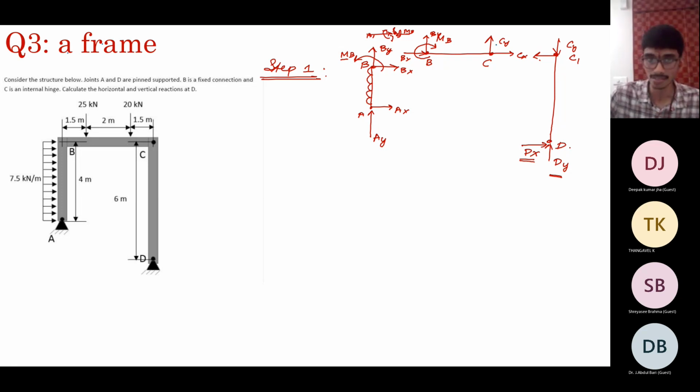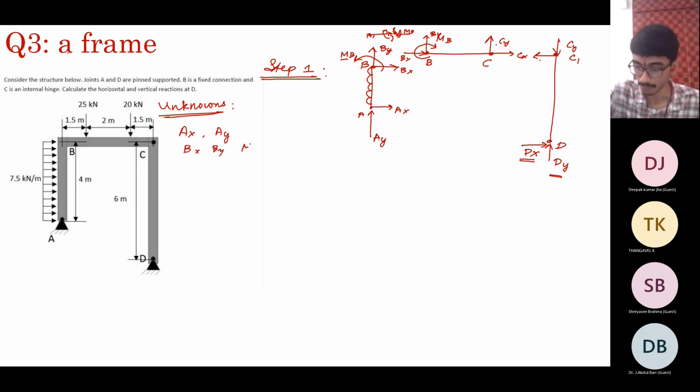So this structure is statically determinate. You can check how many unknowns we have. So what are the unknowns? You have Ax, Ay, Bx, By, MB, Cx, Cy, Dx, Dy.